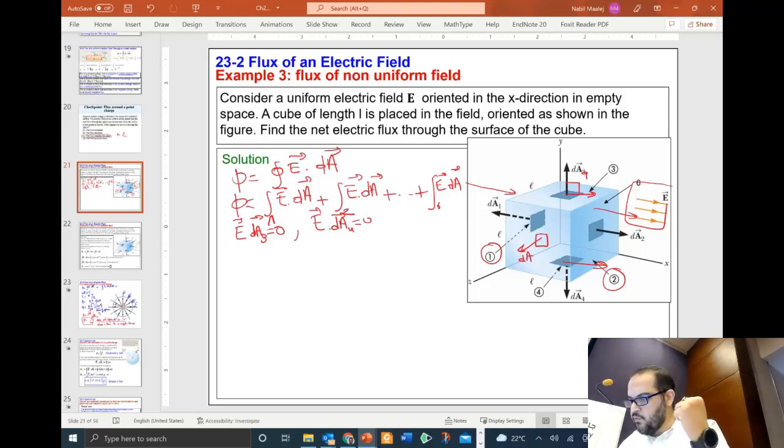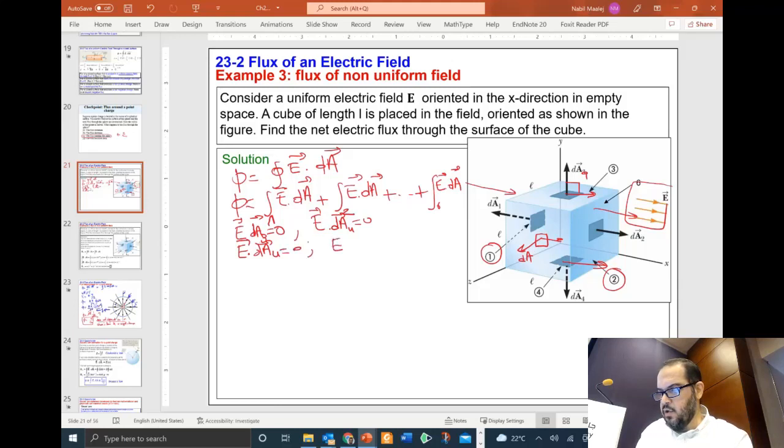The electric field is tangential to the surface, so they are perpendicular. So the same thing, E dotted with dA5 is 0, and E dotted with the area on the other side, which is 6, E dotted with dA6, because the electric field is perpendicular to all of these surfaces, is also equal to 0.